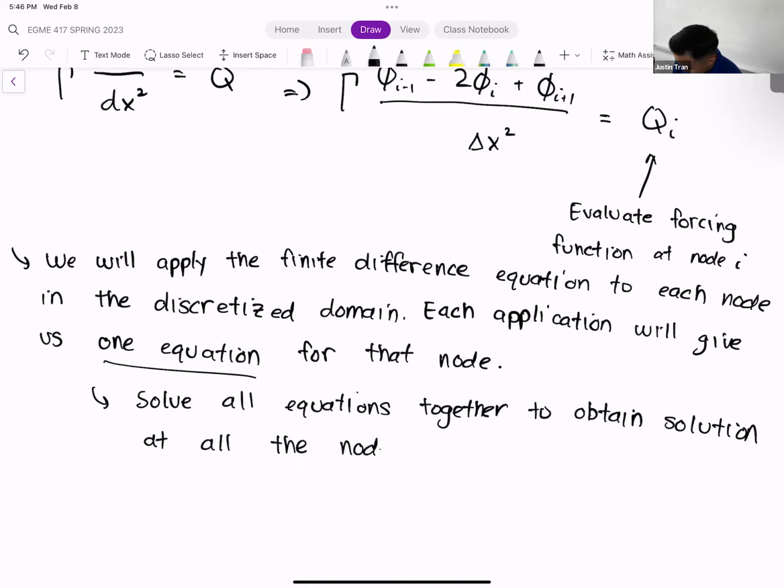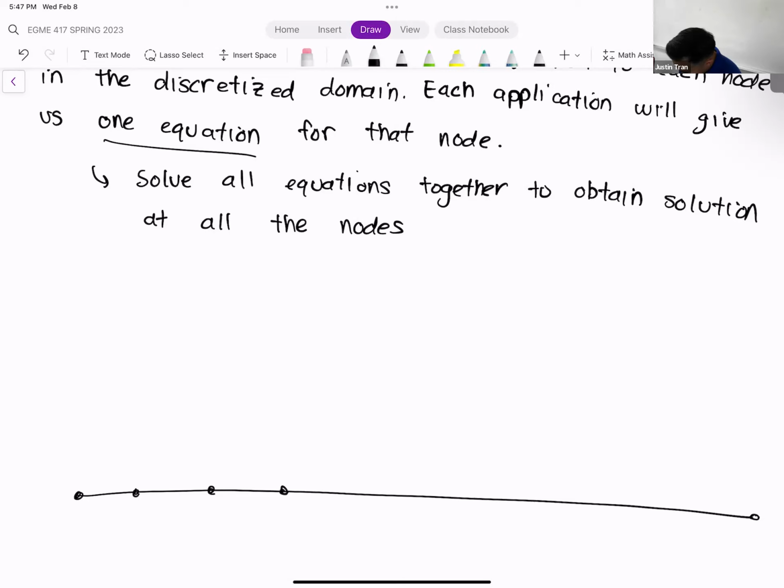And so eventually we're going to get a situation like this. Let me go ahead and draw our domain again. At the end of this whole thing, once we solve the equation for each node, we're going to have a corresponding solution value.